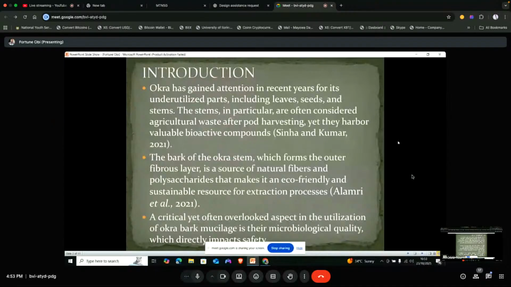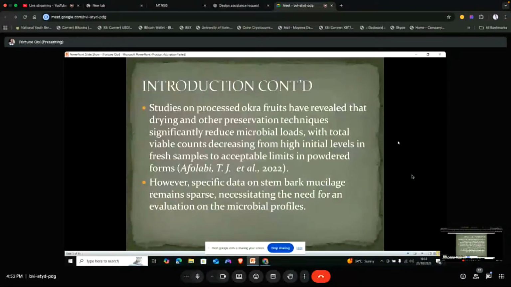A critical yet often overlooked aspect in the utilization of okra bark mucilage is its microbiological quality, which directly impacts safety. Preservation techniques significantly reduce microbial load, with the total viable count decreasing from a high initial level in fresh samples to an acceptable level in powder form. However, specific data on okra stem bark mucilage remains sparse, necessitating evaluation.